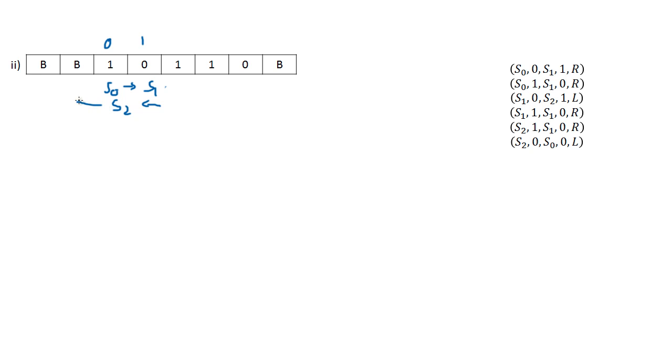So we move to the left, but the left is a blank, so that's where we stop. Now that means the final tape is BB011110B, and that is our final tape, BB011110B, and that's the answer to this question.